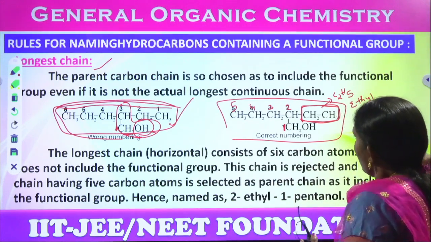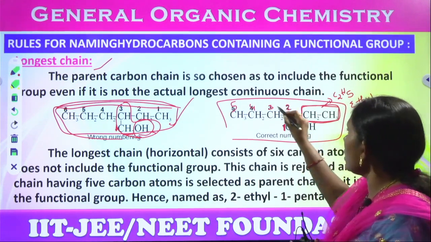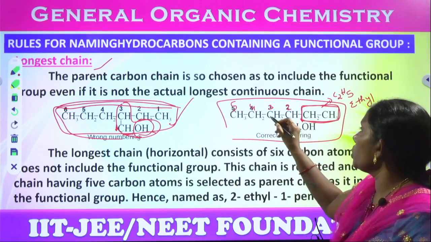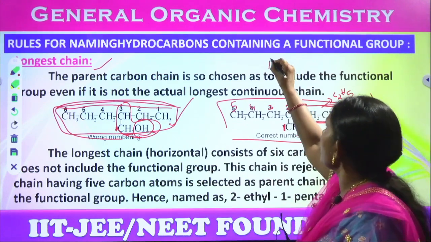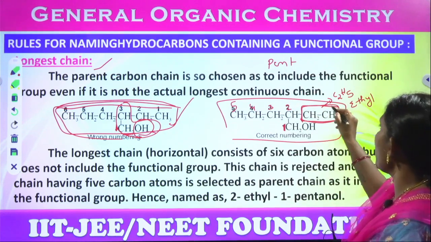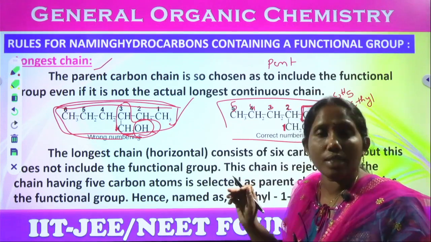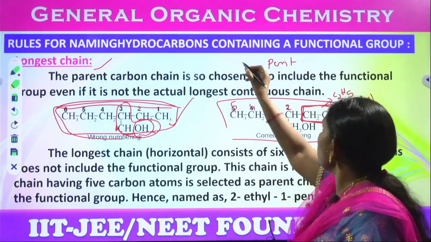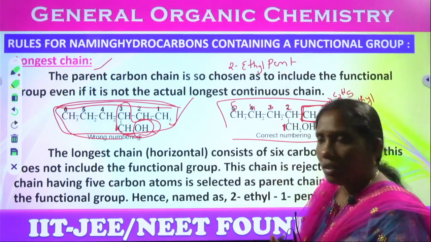Now, how do we name this compound? We have chosen the longest chain, numbered 1, 2, 3, 4, 5. First we go with the root word pent, and as we discussed, the second carbon has the ethyl group substituent. There are no other substituents to check for alphabetical order, so we can directly write 2-ethyl. So 2-ethyl pent.